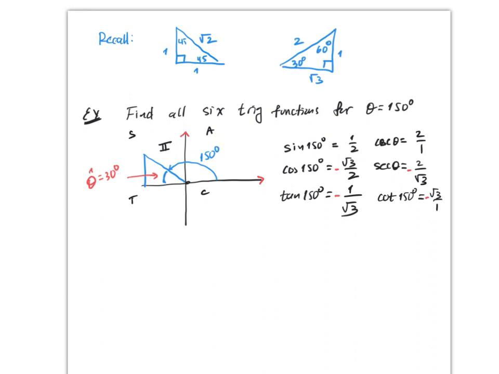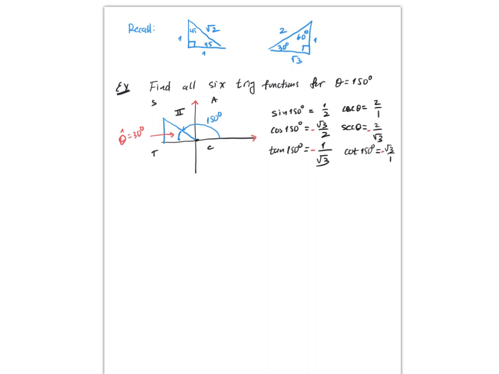But if you have any problem where the reference angle is these special triangles, which remember there's only two special triangles, 45, 45, and 30, 60, all the answers are already here. Okay, let me do another two examples so you can see what I mean.